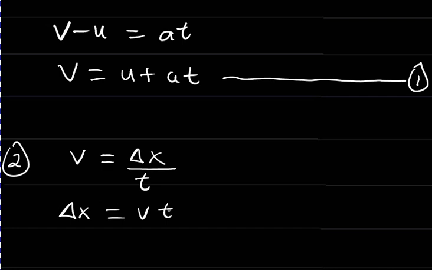In a situation where we have a variable speed for the entire journey, we don't just use speed, we use the average speed, because we are looking at the average speed for the entire journey.